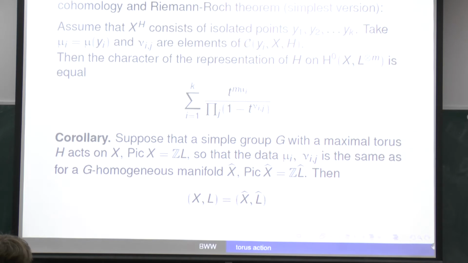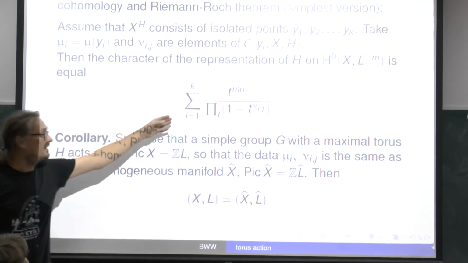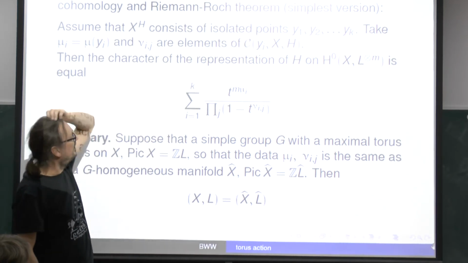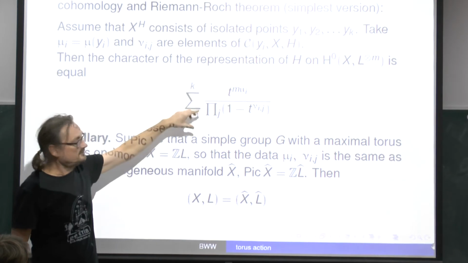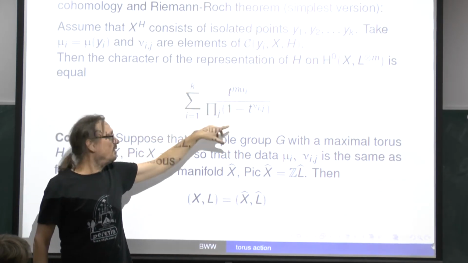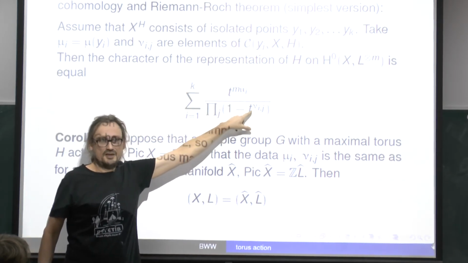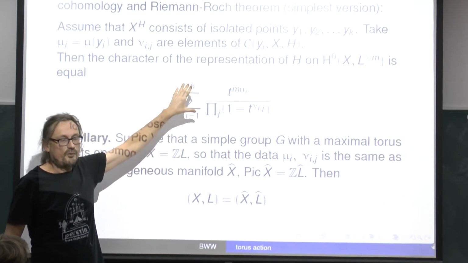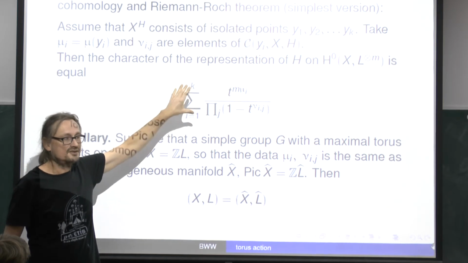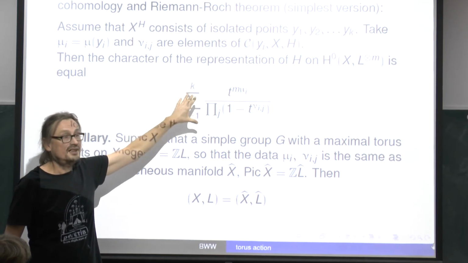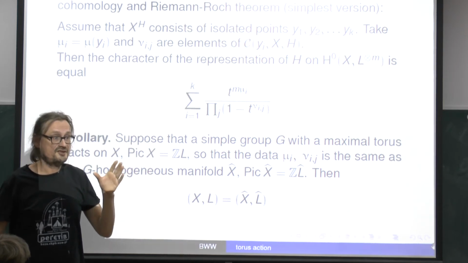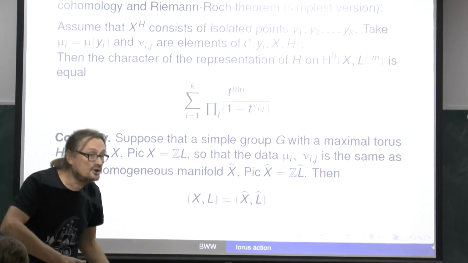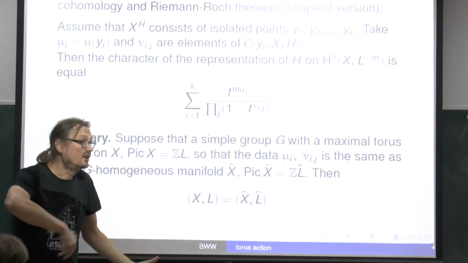The proof is almost immediate, because this formula says that if the points are isolated, okay, so that's in our assumption, if you know the weights, these are the elements in the weight set, then you can recover the generating functions for the characters in the big torus representation in the simple group. And then one of the standard facts in the representation theory is that the representation of a semi-simple group is actually determined by the characters of the big torus action.